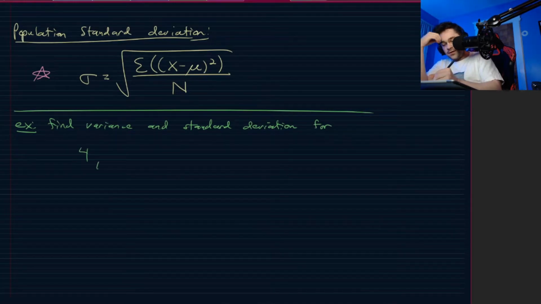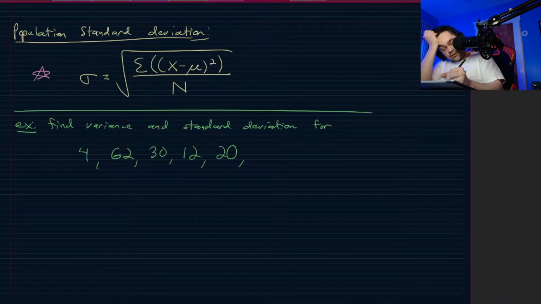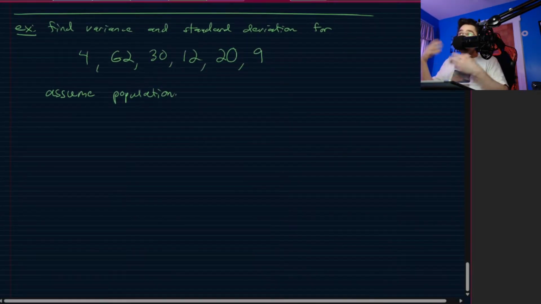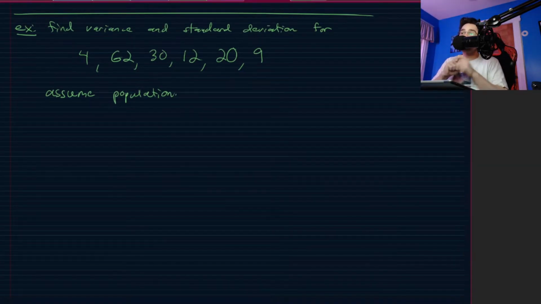How about this as the data? 4, 62, 30, 12, 20, 9. And let's just assume it's a population because that's the formula that we're learning right now. We'll learn about the sample formula in a sec. But let's say this is the data from a population, and we want to find the population variance and population standard deviation.